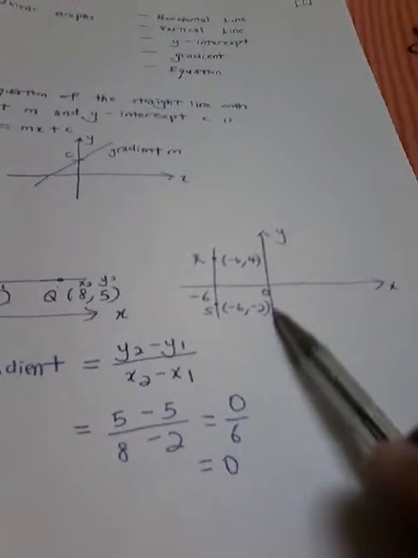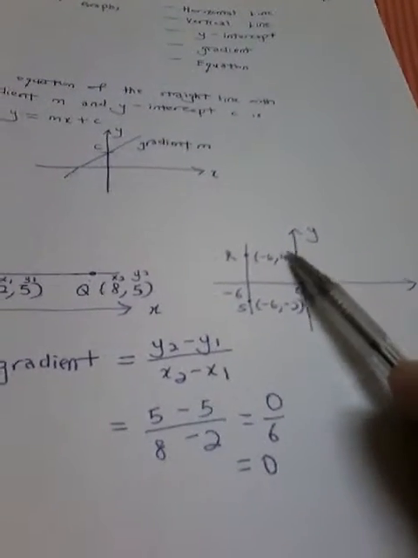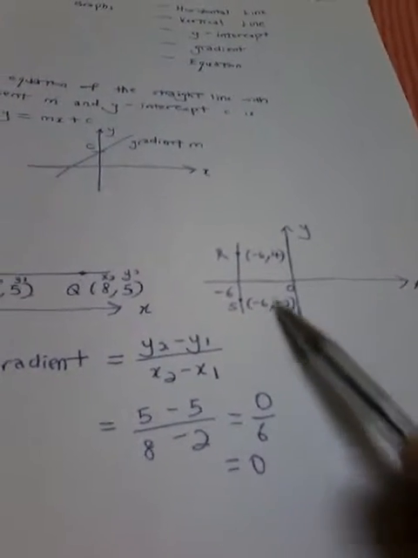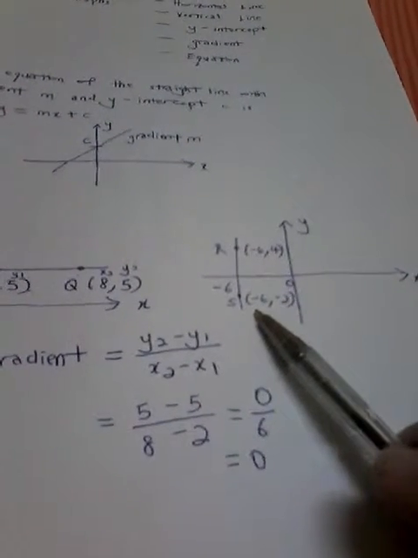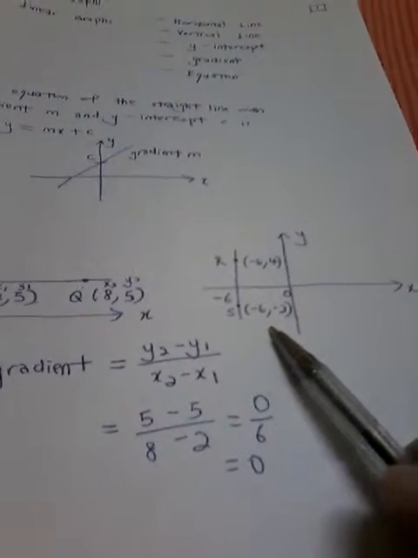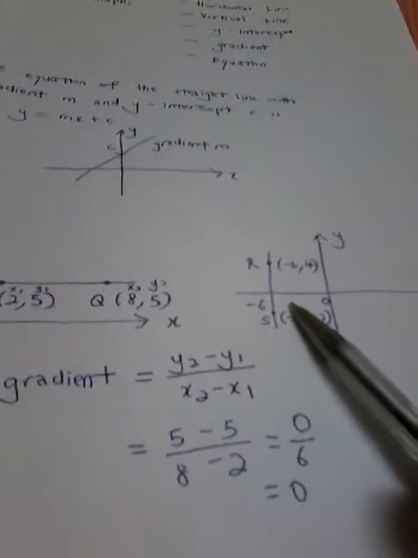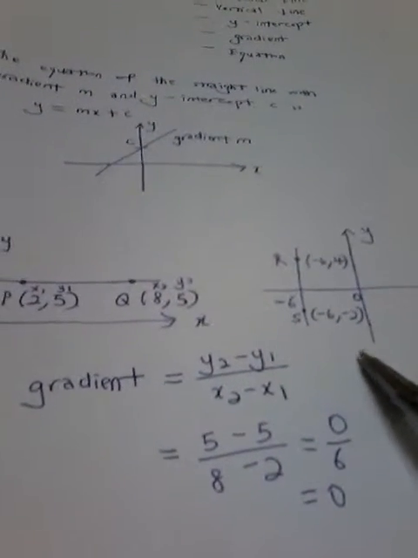There's no y-intercept here, as you can see, because this line does not cut the y-axis. So c does not exist at all. There's no c. So m is undefined for this.